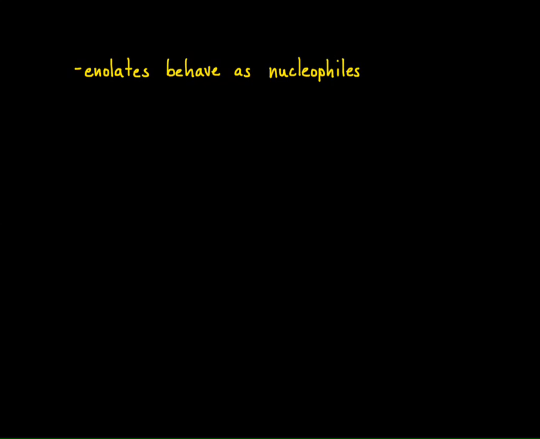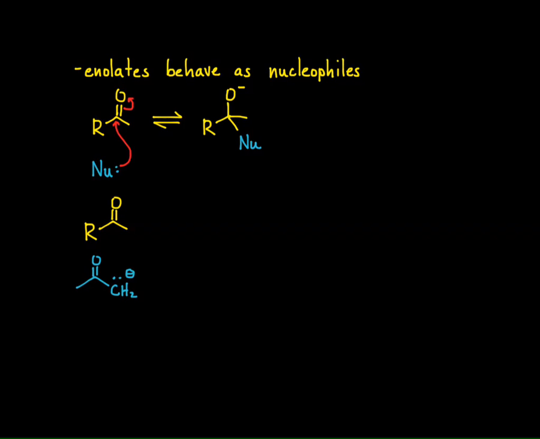I have a negative charge on a carbon, there's a high electron density, and guess what? We've seen that carbonyl compounds react with nucleophiles, right? In a typical addition reaction where the nucleophile adds to the carbonyl carbon and you form that tetrahedral intermediate, where now the nucleophile has added. And so depending on what the R groups are, if they're good leaving groups, they can undergo addition-elimination reactions, and if they are poor leaving groups, then they're simply going to get protonated in aqueous acidic conditions. Well, enolates are nucleophiles.